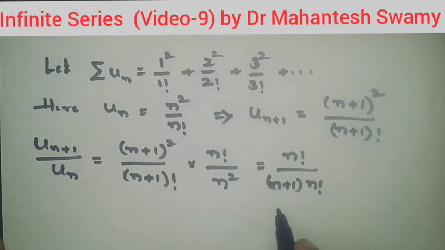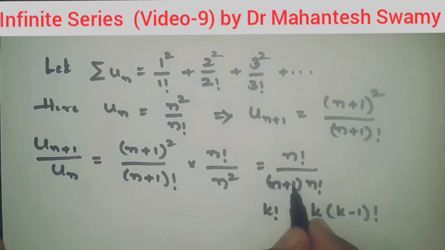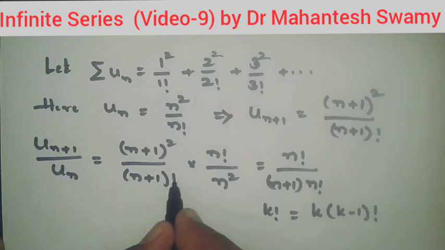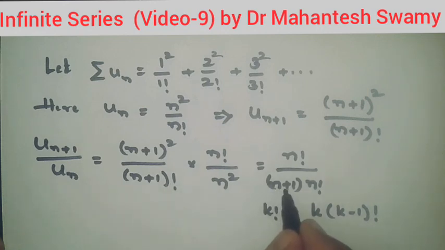We know one important thing, that is k factorial can be written as k into (k minus 1) factorial, and that we have used: (n plus 1) factorial we have written as (n plus 1) into 1 less than this, that is n factorial.